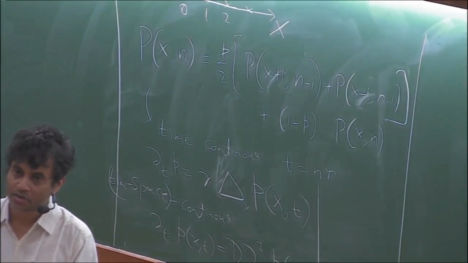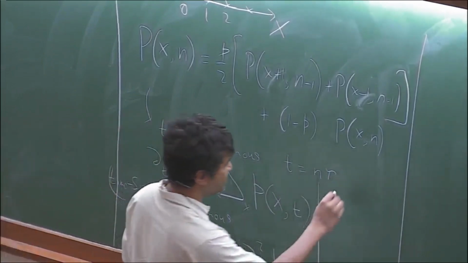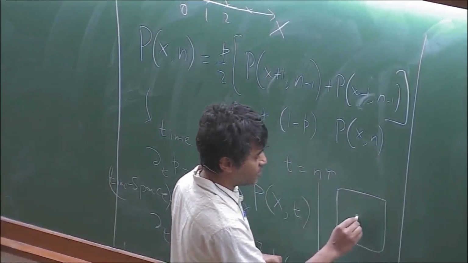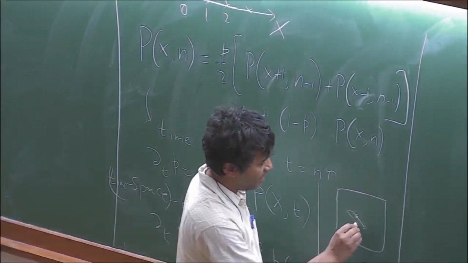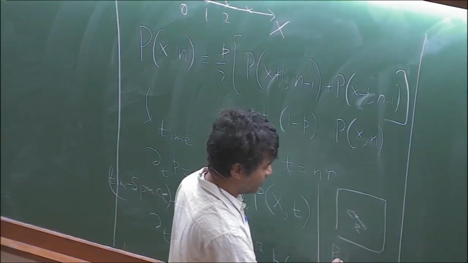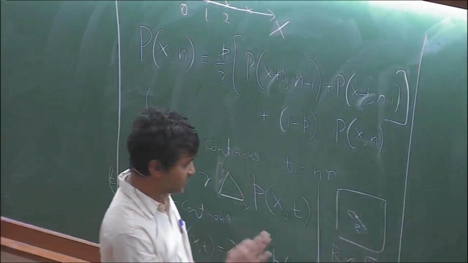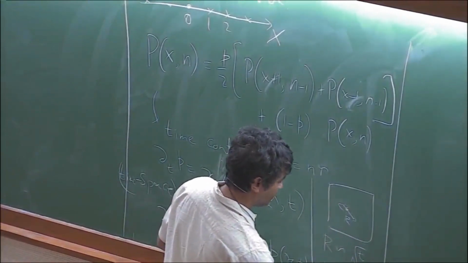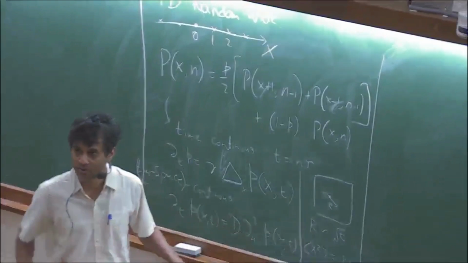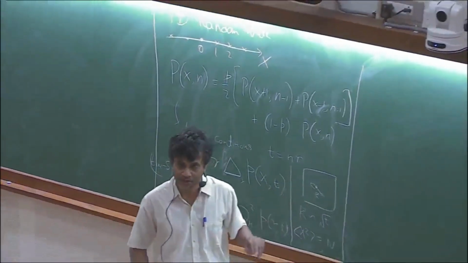If you do this experiment and take some water and put a drop of ink, you'll see that its size, which is r, grows as root t. So that's one of the most important properties of a random walk, which is x square is equal to n. And it was easy to prove. So this is what we call diffusion.